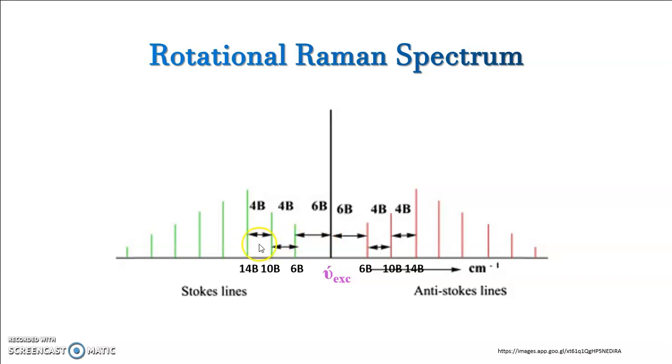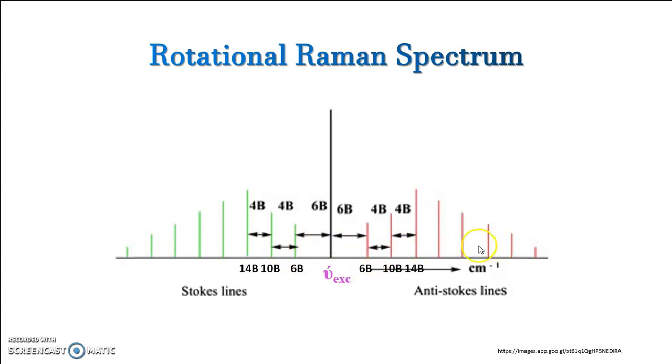And all the other lines are separated by 4B centimeter inverse. This figure shows the typical rotational Raman spectrum where the difference of the first line on either side from the excitation line is 6B centimeter inverse, while the separation between successive lines is 4B centimeter inverse.